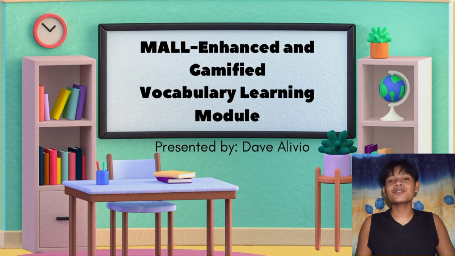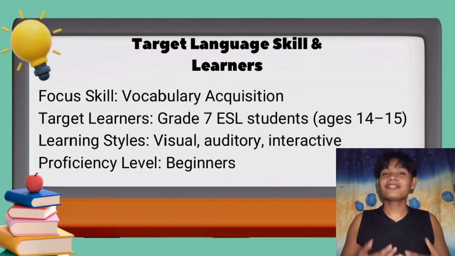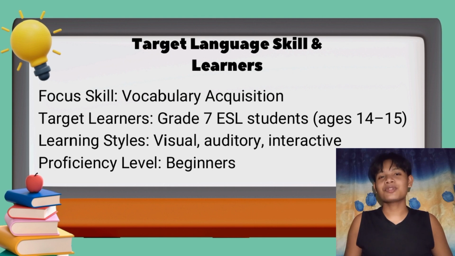I designed this unit to boost vocabulary acquisition through mobile learning tools and game-based strategies tailored to young English language learners. The focus of this unit is vocabulary acquisition, a foundational skill for English language learners, and the module is designed for grade 7 ESL students, ages 14 to 15, at a beginner level.